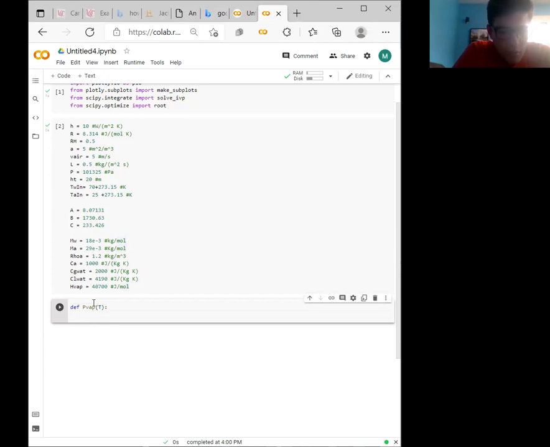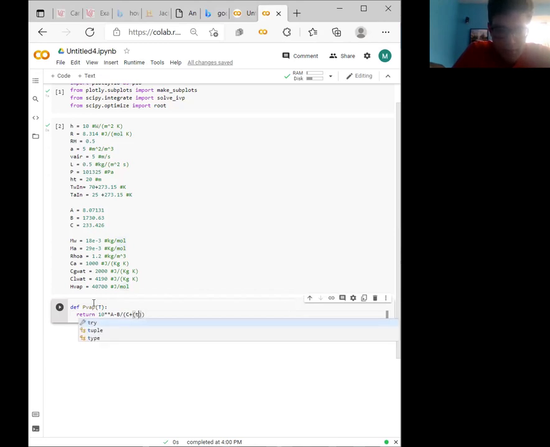Okay. And what we're going to do is return Antoine's equation. So it's 10 to the power of A minus B divided by C plus the temperature.